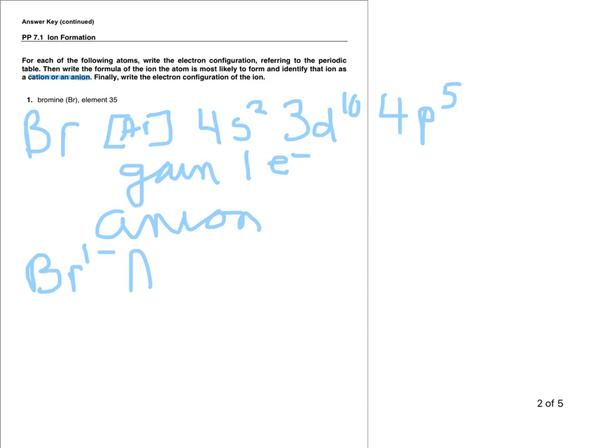And as we add that electron, we just change the electron configuration to argon, 4s2, 3d10, 4p6, which also happens to be the same electron configuration of krypton.